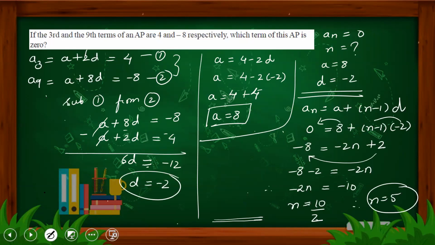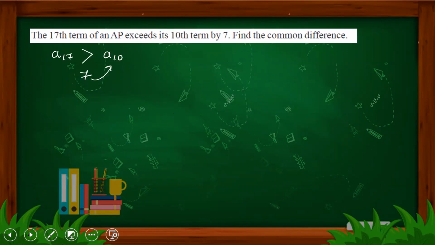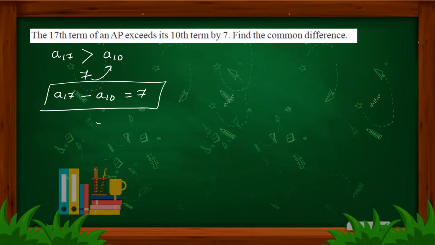So therefore, I'll write the statement like this. A17 minus A10 is equal to 7, right? So what is A17? A17 is A plus 16D minus what is A10? A plus 9D, okay, equal to 7, right?